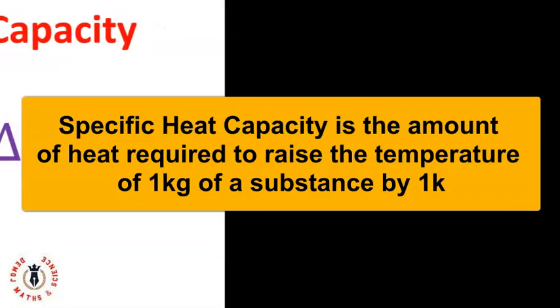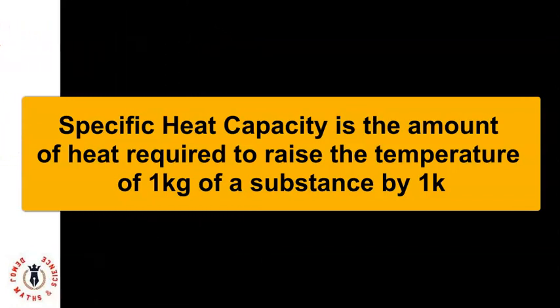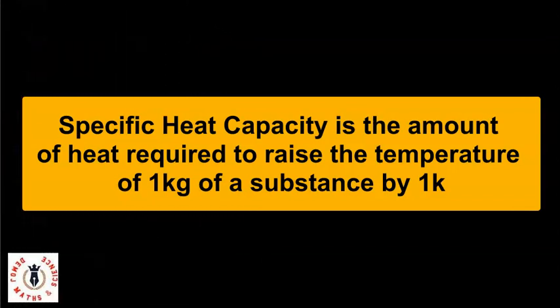Specific heat capacity. The heat capacity of an object or of a substance is the amount of heat required to raise the temperature of that particular substance by 1 Kelvin.